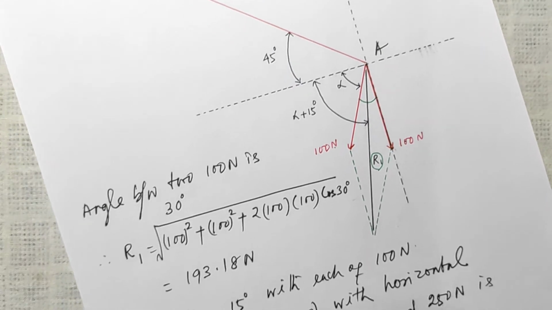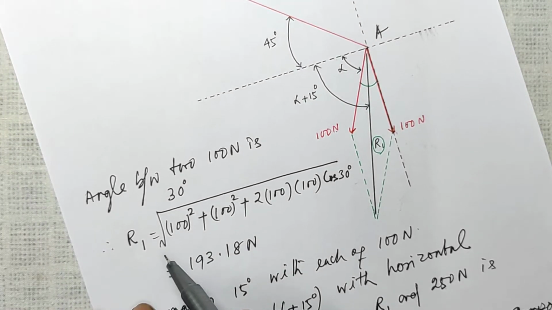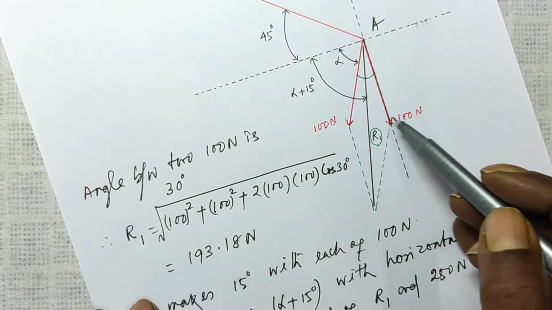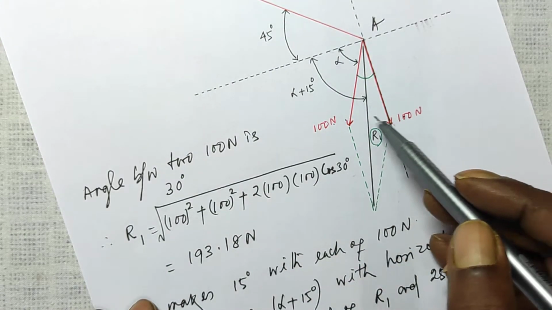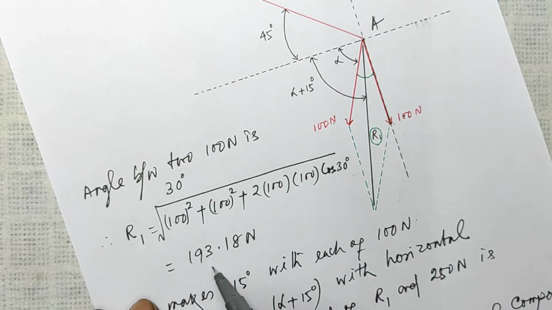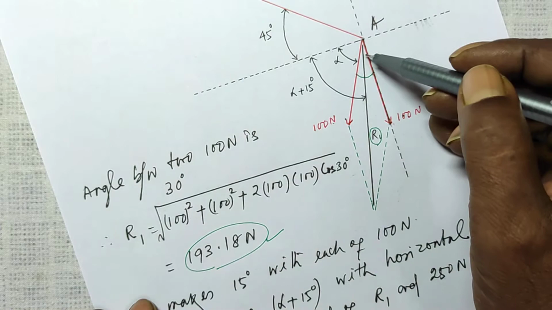And how much will that be? Using the parallelogram law of vector addition, R1 will be the square root of 100 squared plus 100 squared plus 2 times 100 times 100 cos 30. That comes out to be 193.18 Newton.